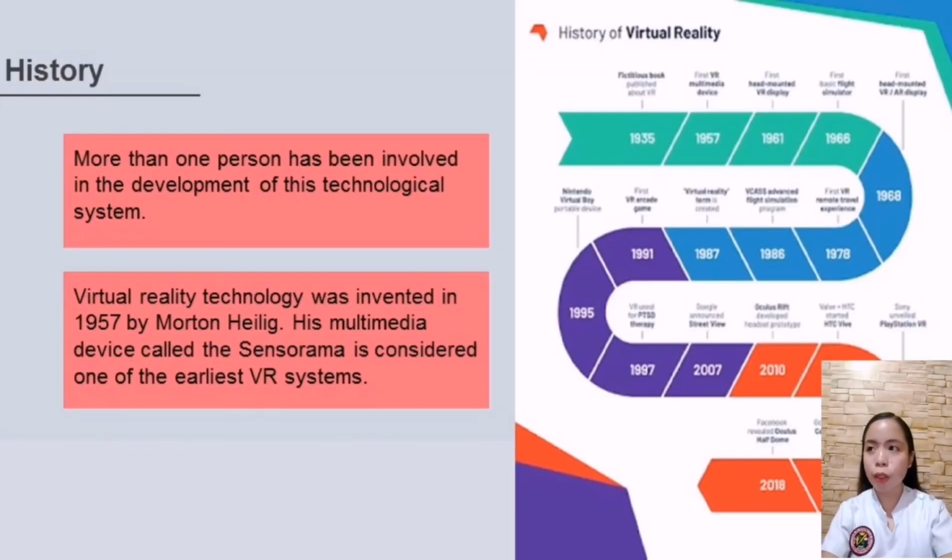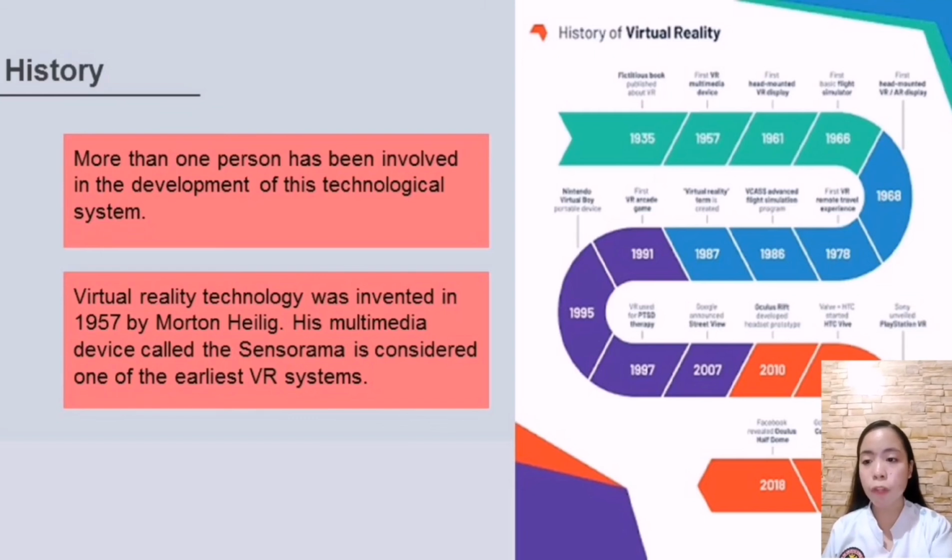In the history of virtual reality, more than one person has been involved in the development of this technological system. Virtual reality technology was invented in the year 1957 by Morton Heilig. This multimedia device, called the Sensorama, is considered one of the earliest virtual reality systems.